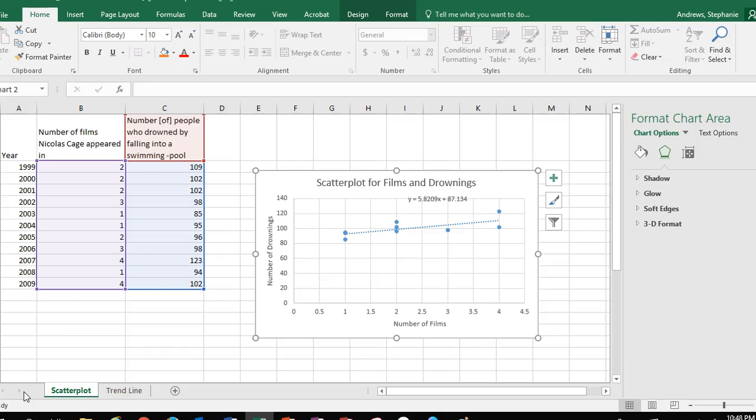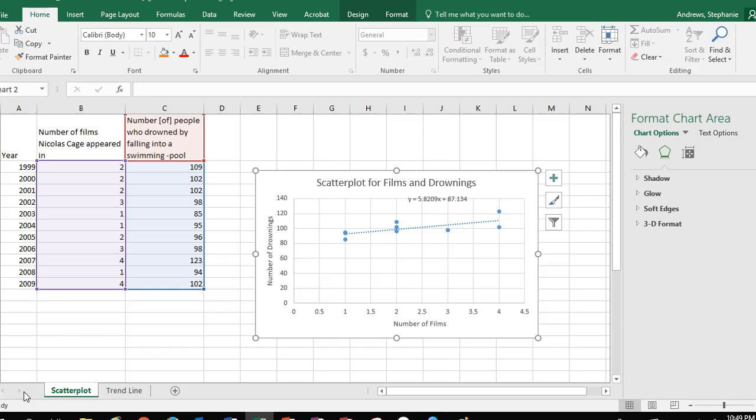From the scatter plot on question 4, does it appear that the number of Nicolas Cage films is correlated with the number of drownings? And if you just looked at this and didn't use reasonableness or think about it, you would look at it and think, well, it is going up. It does look like the line looks pretty good, but when you think about it, the number of films that Nicolas Cage appears in is going to have nothing remotely close to the number of drownings in our scatter plot.